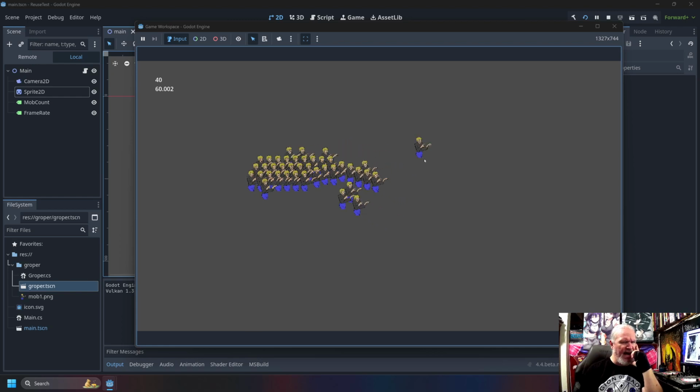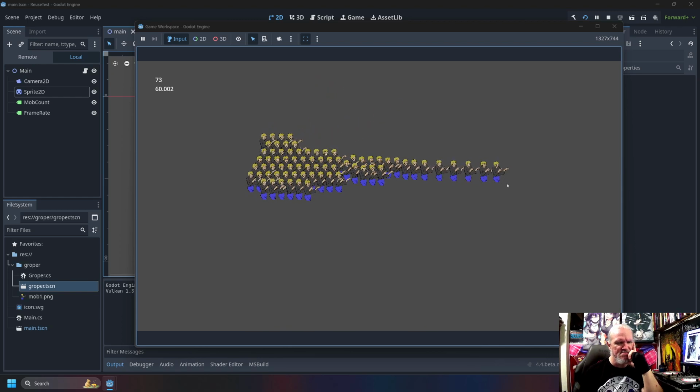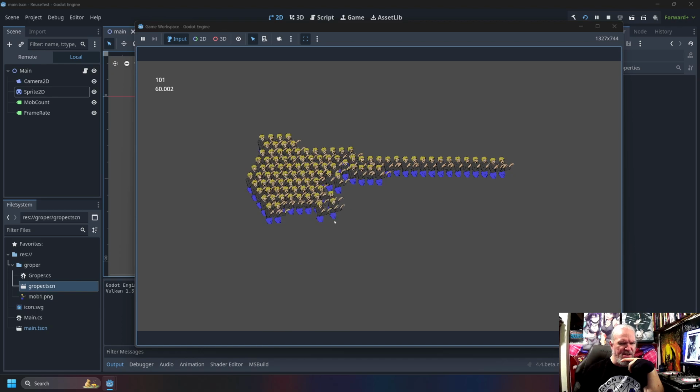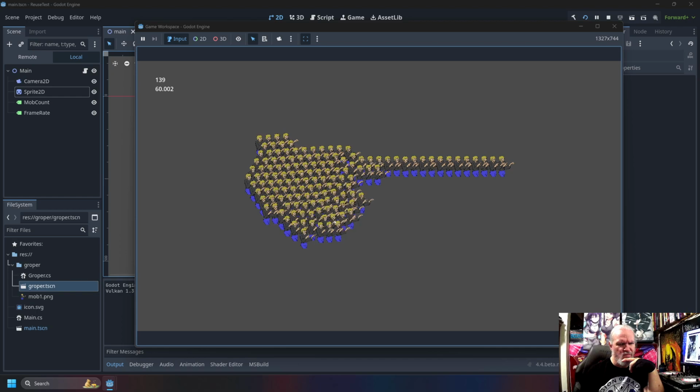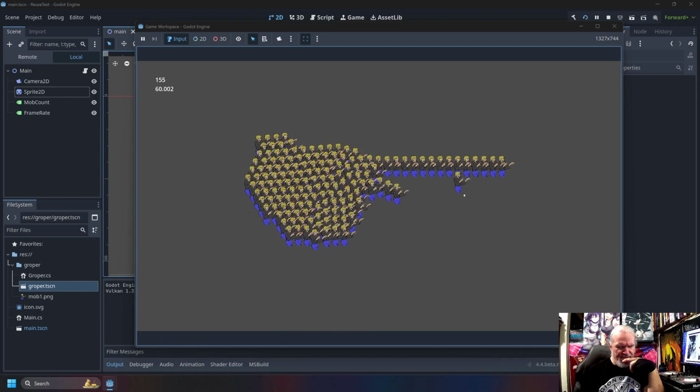And the frame rate actually stays just above 60. A little bit faster than 60. And I can put lots and lots of mobs on the screen. But eventually, those mobs start to clog up the system.